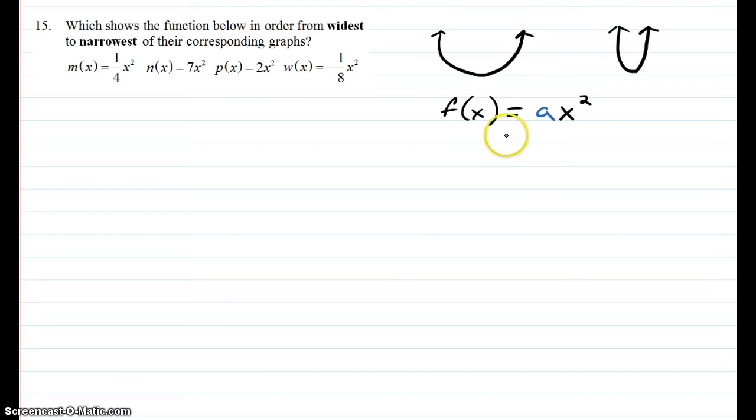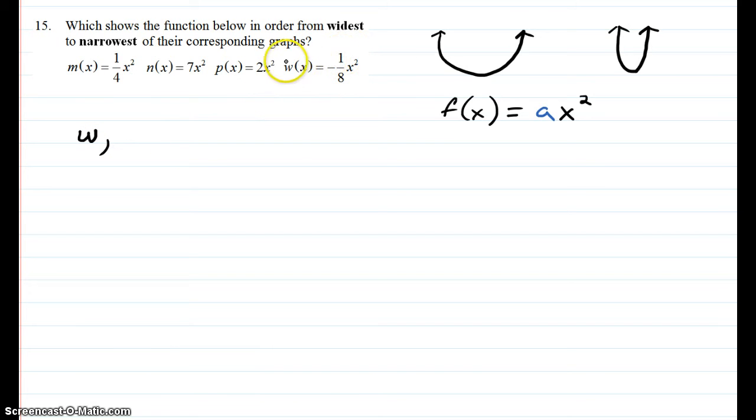So the bigger the number, so if this were 7x squared, that means the graph grows faster, and so that means that it's going to be narrow. And the smaller the number slows it down and makes the graph wider. So we want to figure out which one is the smallest number, and ignore the sign. We don't care about the sign right now. We just care about the number. And so 1/8 is smaller, so we're going to have w first.